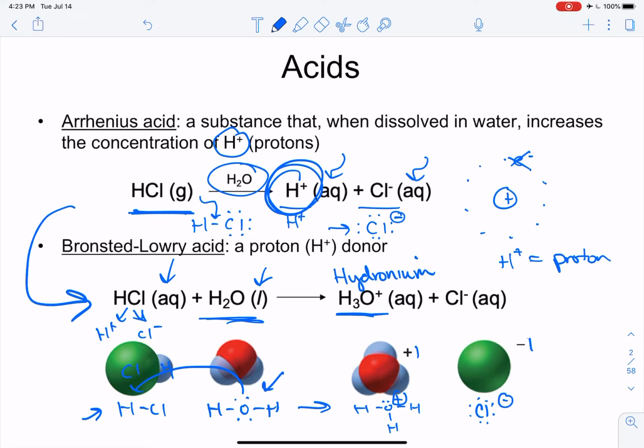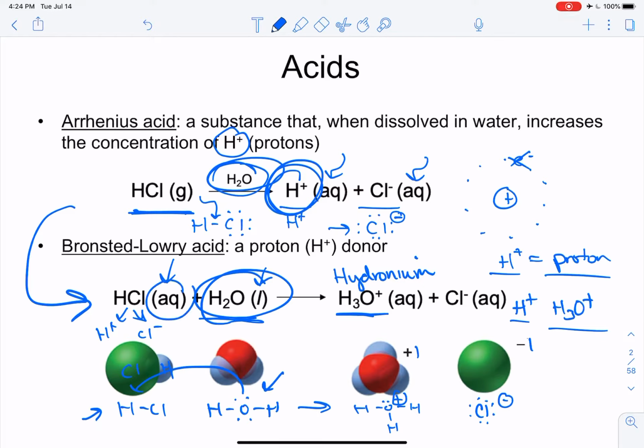So another point here is that we use H plus and H3O plus interchangeably, and you're just going to have to get used to that. The fact that we can write these equations a bunch of different ways, the fact that we use H plus and proton, those two words, interchangeably, the fact that we put H2O above the reaction arrow here, or you'll see it in the reaction there, or sometimes you don't see it at all.